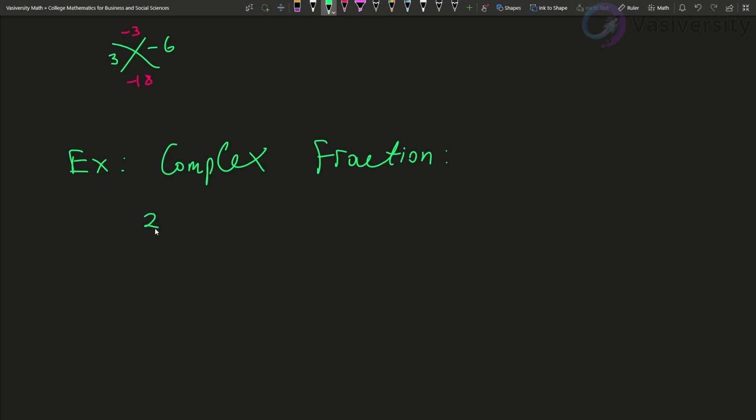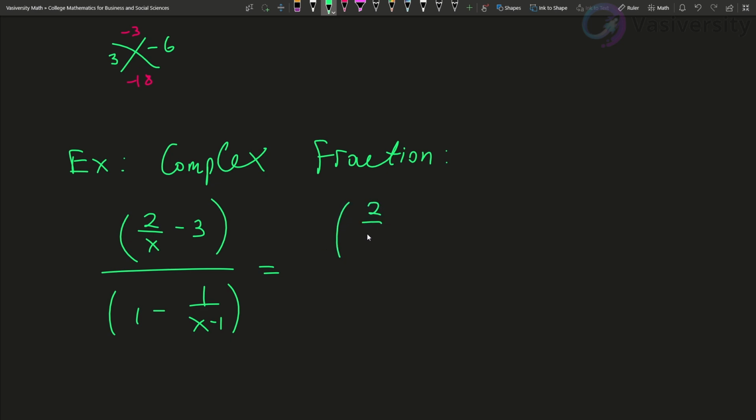So we would have 2 over x minus 3, divided by 1 minus 1 over x minus 1. So the first step is to actually bring it to the same denominator in both numerator and denominator. So how can we have the same denominator? Let's go ahead and multiply by x and divide by x. So we're going to have 3 times x over x.